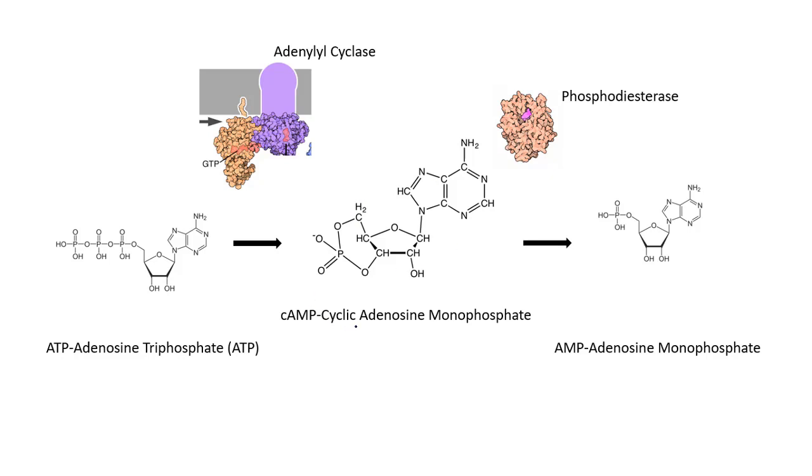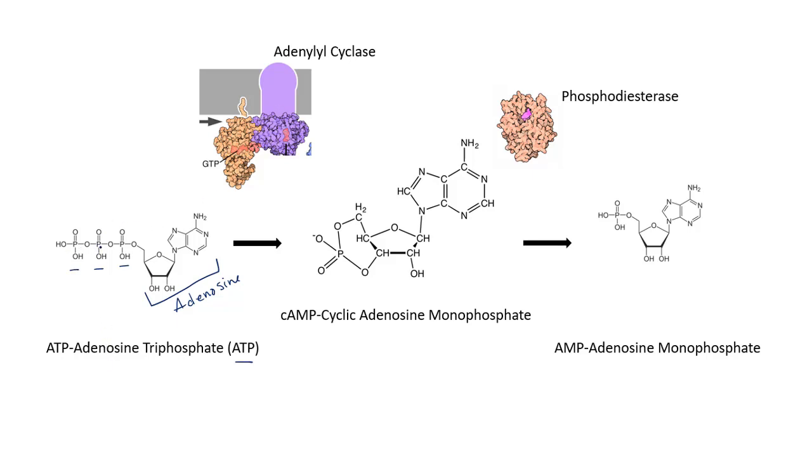So here in the center, we have our cyclic adenosine monophosphate, or cyclic AMP, and it is synthesized by that activated adenylyl cyclase enzyme from ATP. So we've seen this ATP molecule before. Here's our adenosine portion of ATP, the sugar and the adenine nitrogenous base, and here are our three phosphates, so adenosine triphosphate, ATP.